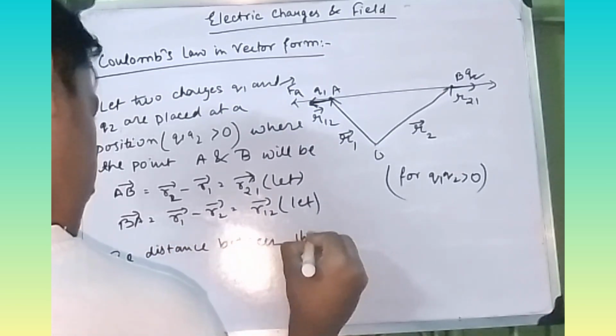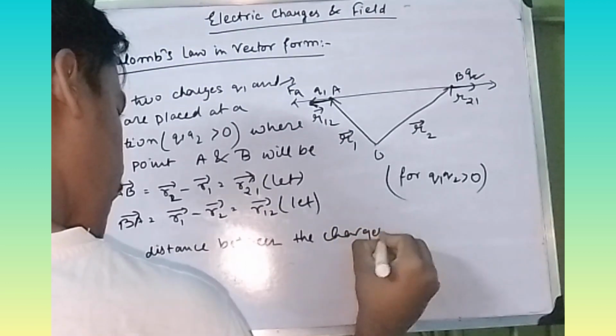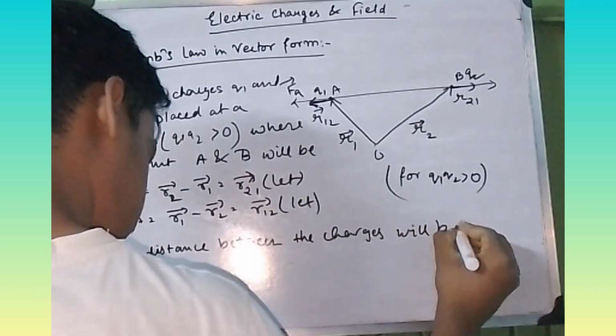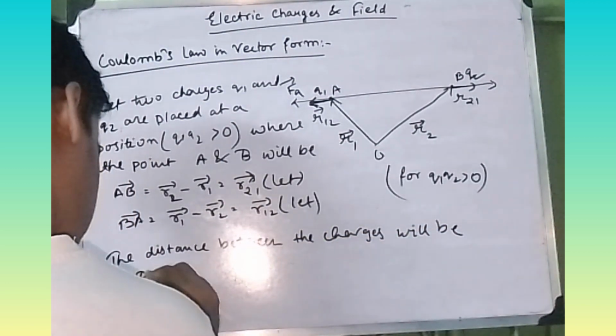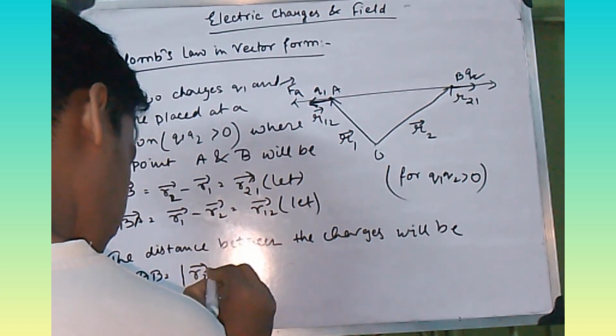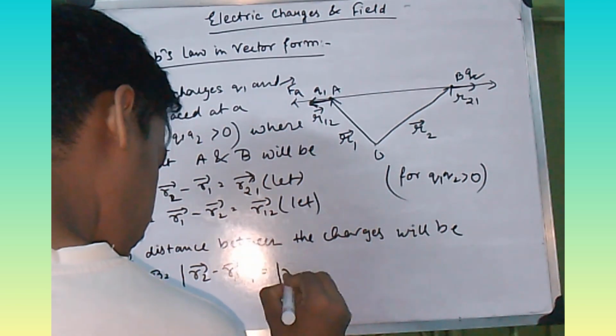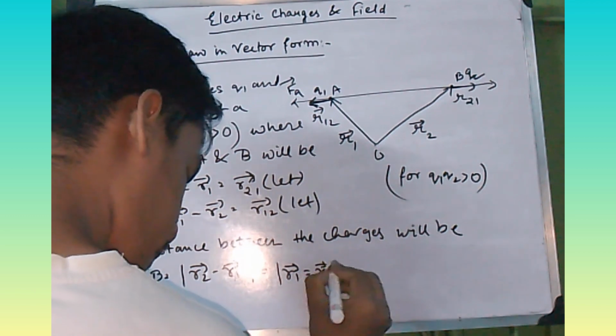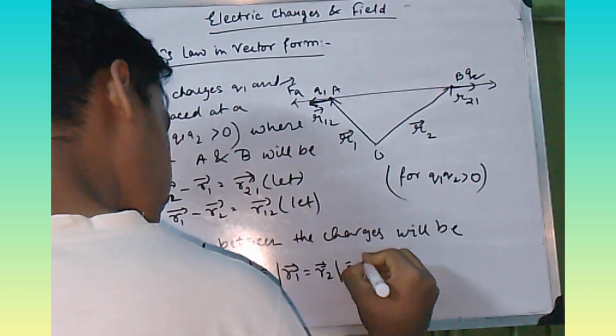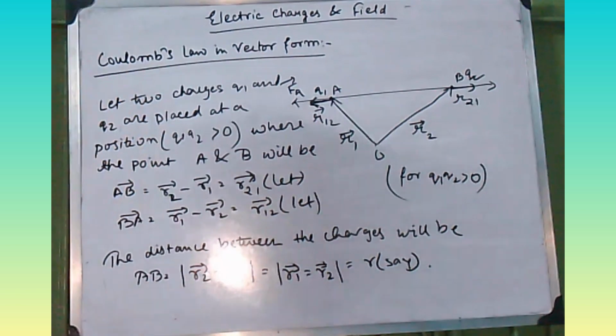The distance between the charges will be decided by AB equals mod r2 minus r1 equals mod r1 minus r2 equals r. Let's assume this as r.